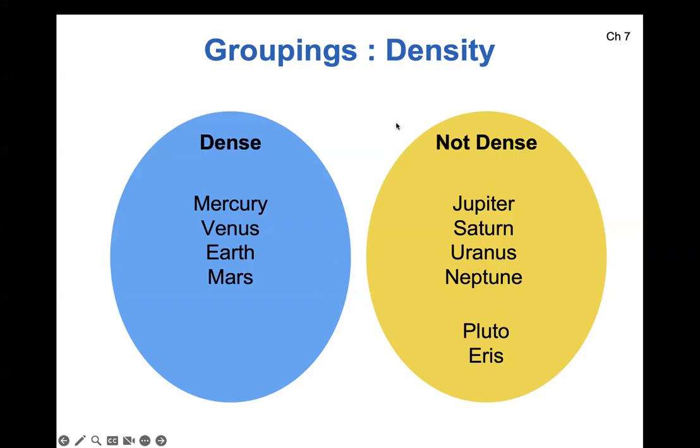Here's another way to group planets: density. Okay? So dense, that would be high density, as compared to not dense, low density. Well, the groupings are the same. Okay? At least in terms of planets. Mercury, Venus, Earth, Mars are the dense planets, right? They have densities above 3.5 times the density of water.